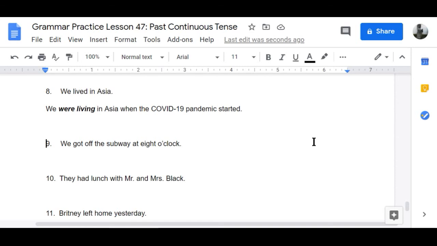9. We got off the bus at 8 o'clock. We were getting off the bus.